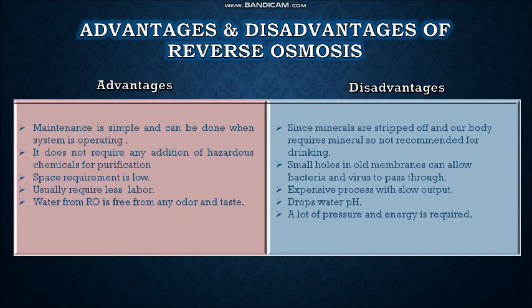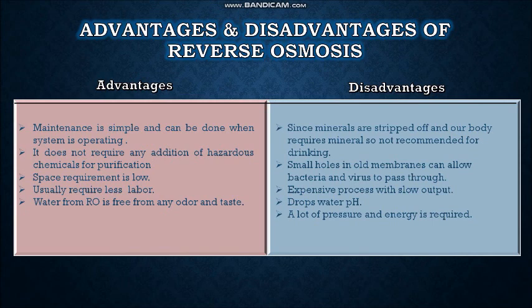Now, disadvantages. RO water is not recommended for drinking because the human body needs some minerals which are stripped off the water by the RO plant. Small holes in an old membrane can allow bacteria and viruses to pass through.